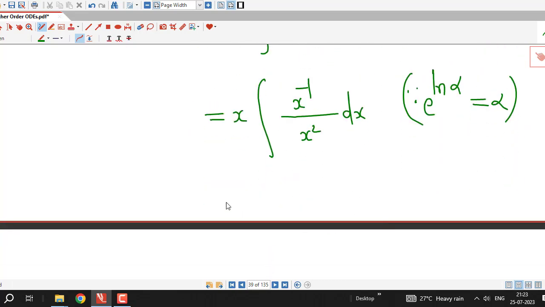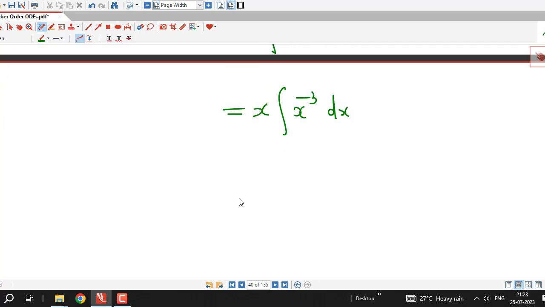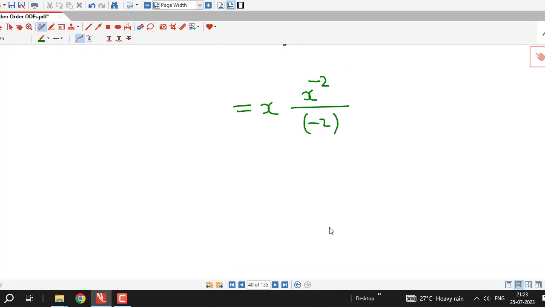And again, 1 by x square can be written as x to the power minus 2, integral with respect to x. This I can again rewrite as x to the power minus 1 minus 2, that is x to the power minus 3. Integral of x to the power minus 3 is x to the power minus 3 plus 1, that is minus 2, divided by minus 2.